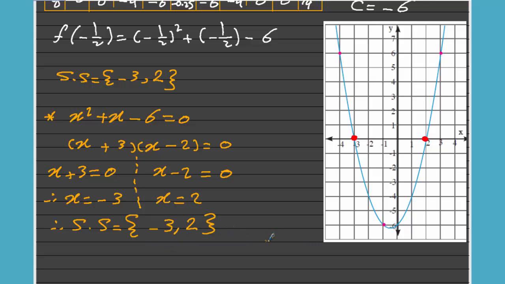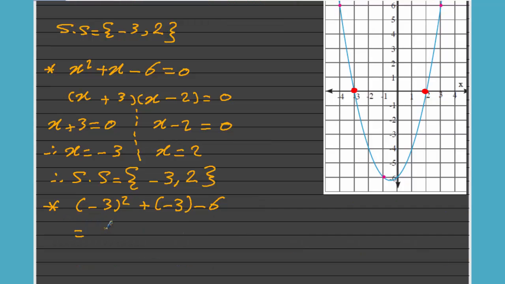And also we can check the solution by substituting x equals negative 3 and x equals 2 like this. We put x equals negative 3, so we have negative 3 power 2 plus negative 3 minus 6.